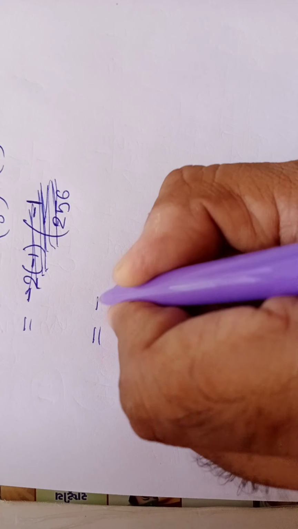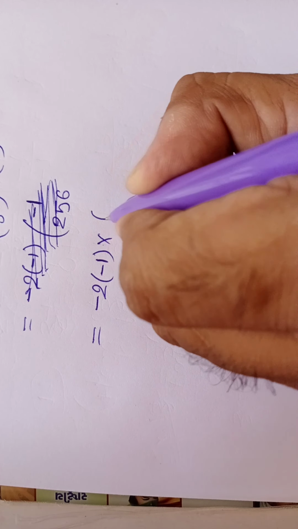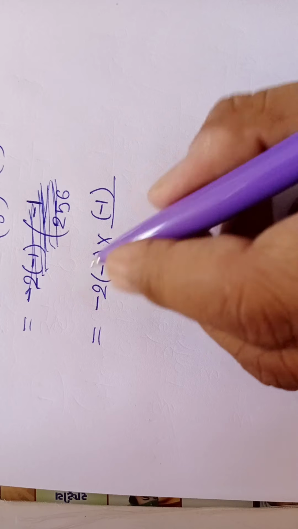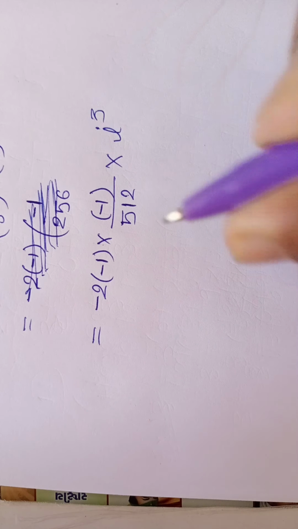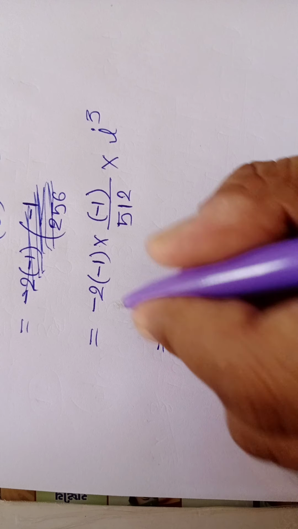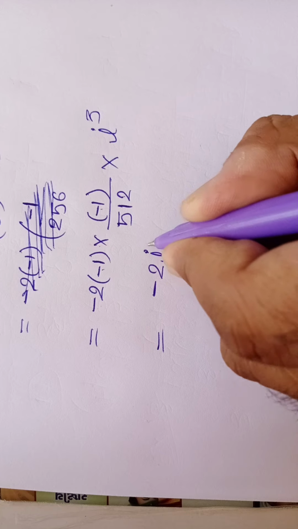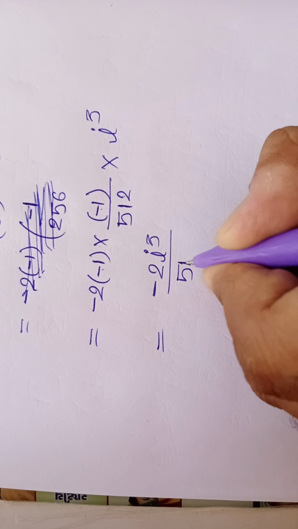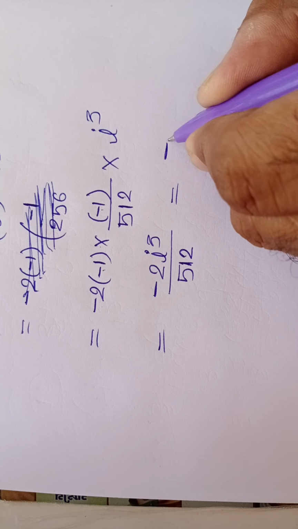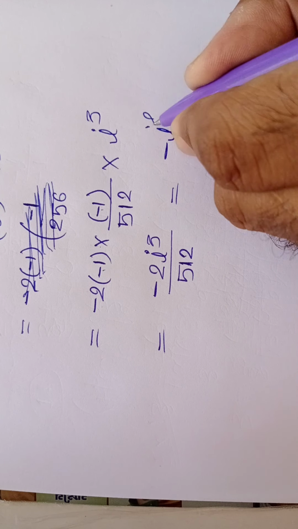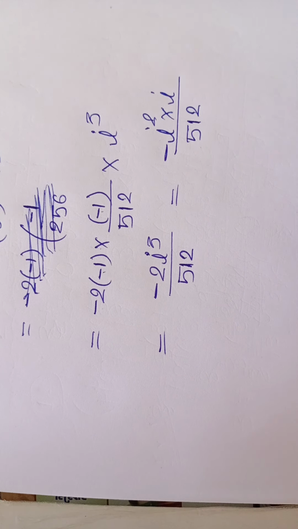This is what now I write once again: minus 2 into minus 1 into minus 1 by 512 and into again i cube. See here, what is this? Minus minus plus minus, minus 2i cube upon 512. So that is minus i cube. i cube can be written as minus i square into i upon 512.